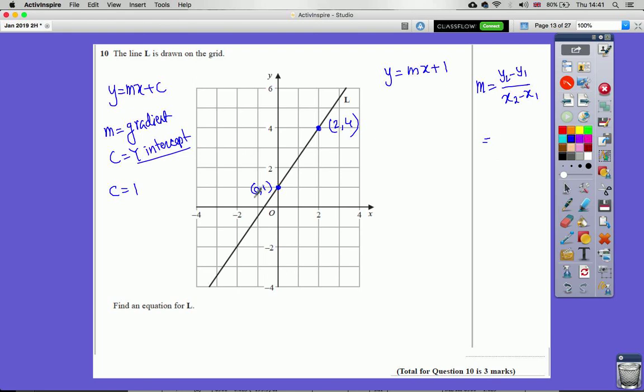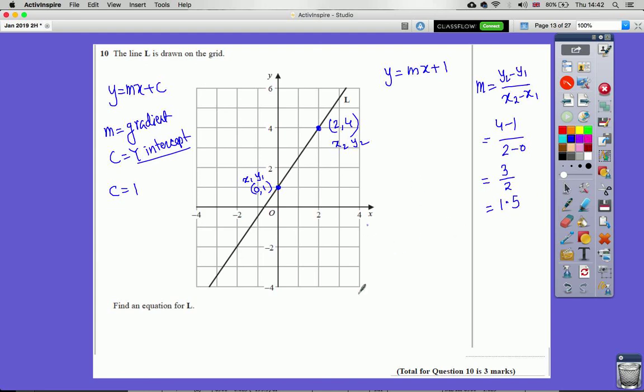Now x1, y1, x2, y2 are basically these two coordinates. So I'm getting 4 minus 1 over 2 minus 0, which is 3 over 2, 1.5. So the gradient of the line is 1.5.